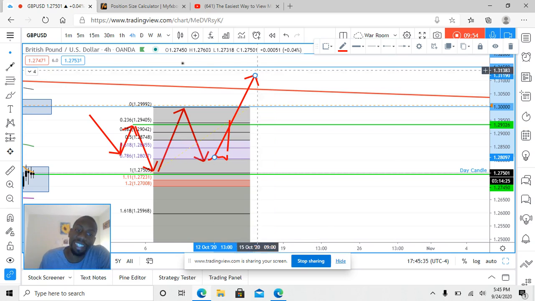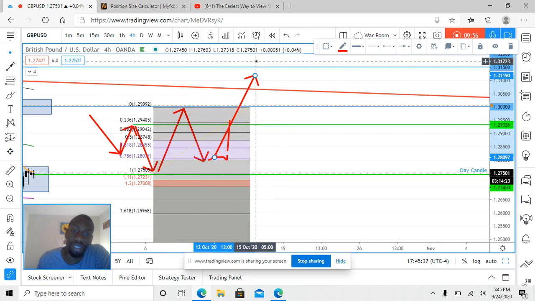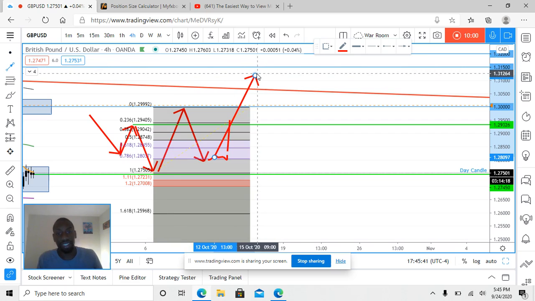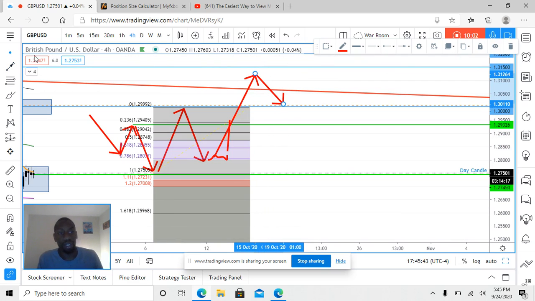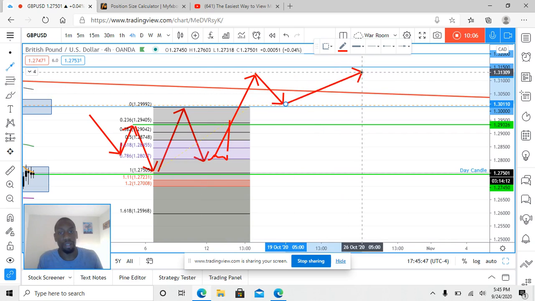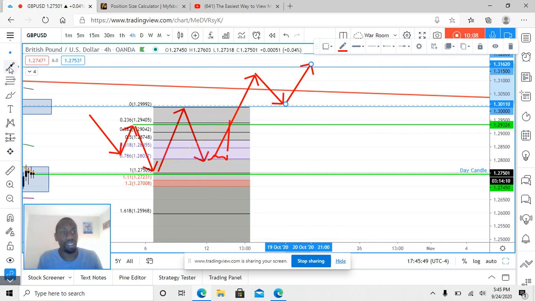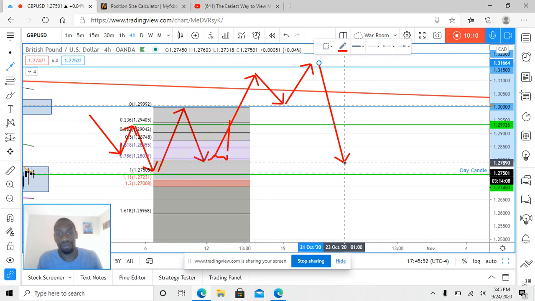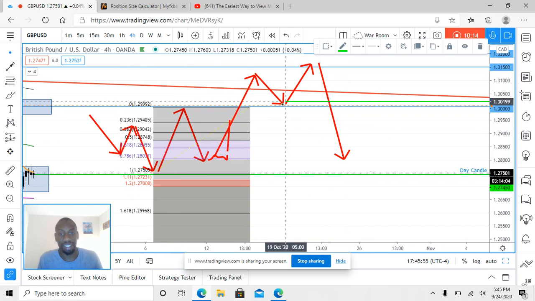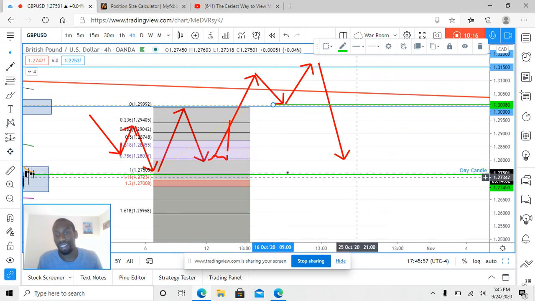You would not take buys when the market's going into up structure until the market decides to break structure again, right? And just break structure right there at this mark right here.